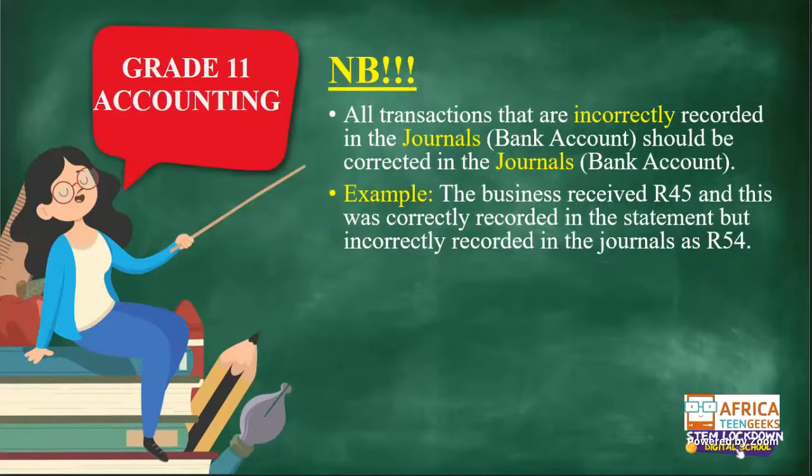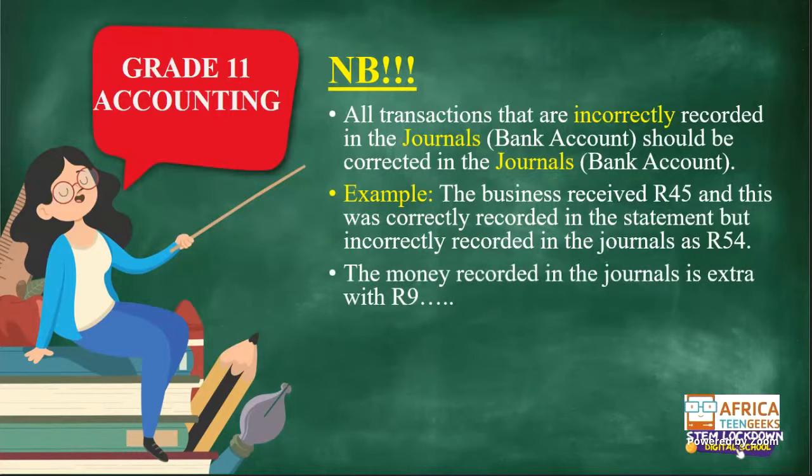Do you see now that the bookkeeper or the accountant made the mistake and swapped the figures around from 45 rand to 54 rands? Now the amount is extra. So in the business books, it is recorded that we received 54 rands, whereas we received 45 rands.